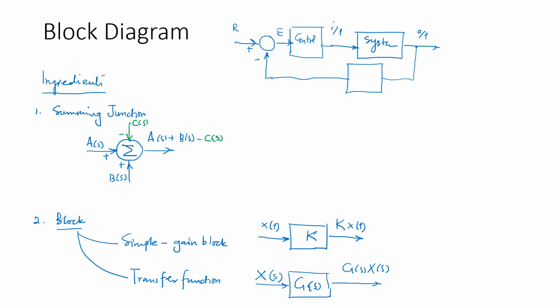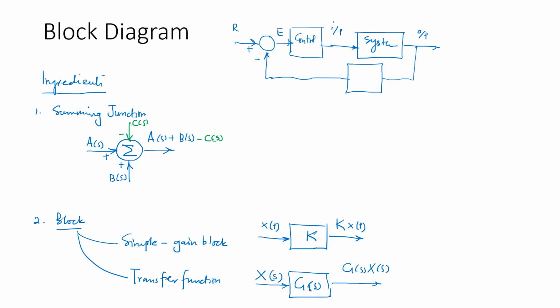So for example, in case of motor control, you are going to have the electrical part as well as the mechanical part given as G of s altogether in it. So that is going to define how the output is generated out of that particular part. So this is going to be the second ingredient of the block diagram.